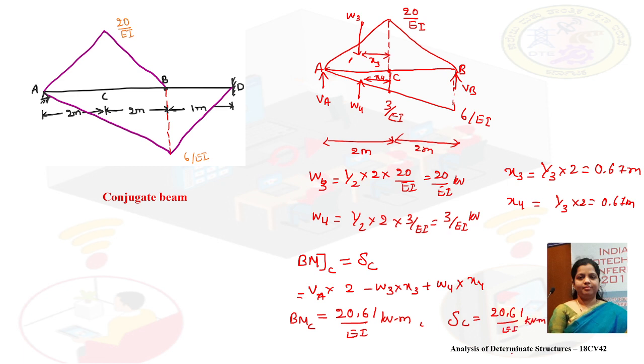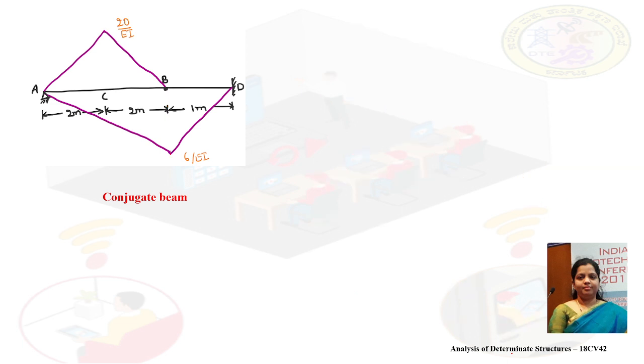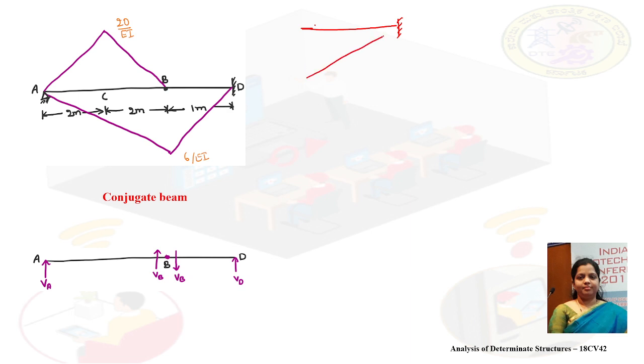Now we will move on to calculate slope at D as well as deflection at D. Till now we have considered only portion AB. Now we will consider only portion BD. Consider only this portion.